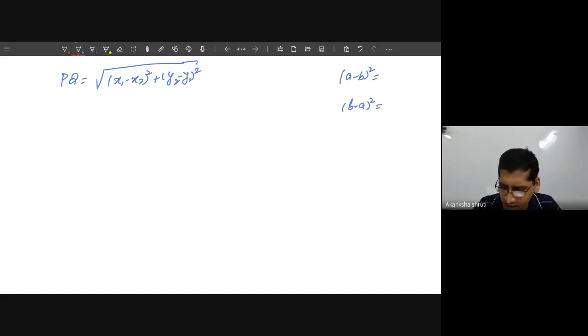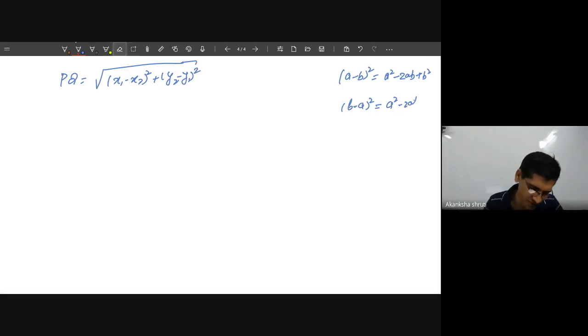If you recall the identity, it is a square minus twice of ab plus b square. And the other is also a square minus twice of ab. Or if you want to write b first, you are free to write, but you will observe no difference: b square minus twice of ba plus a square.